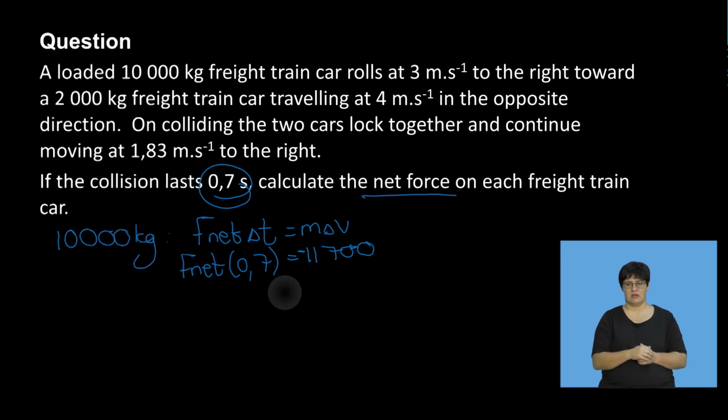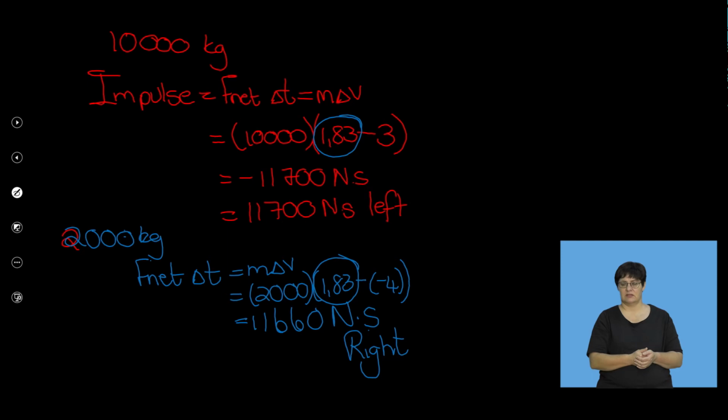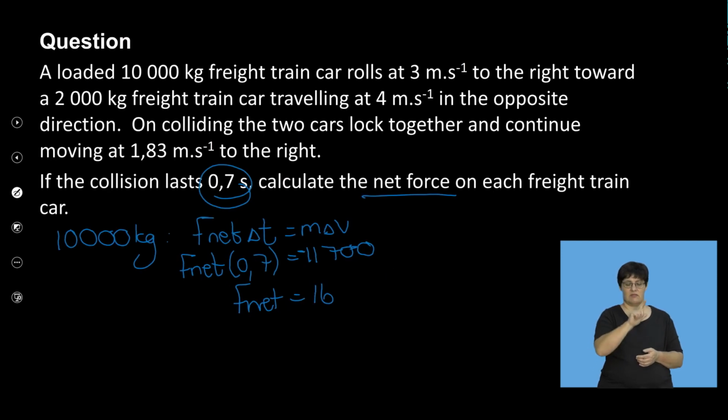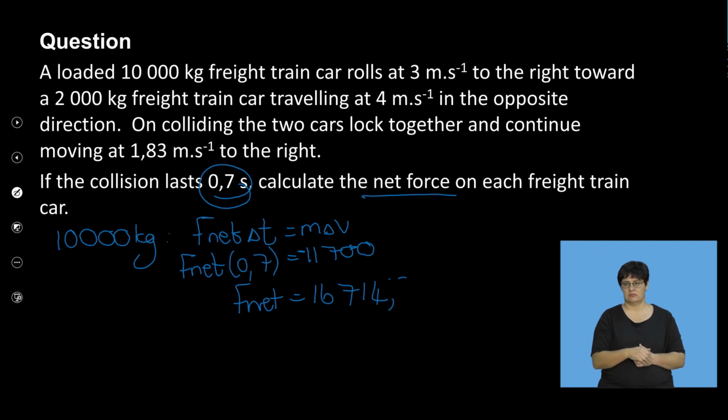And we get 16,714. Apparently, I can't write numbers. Let's get the decimals, 2 decimal places, 16,714.29. That would be minus, because I was dividing by a minus.